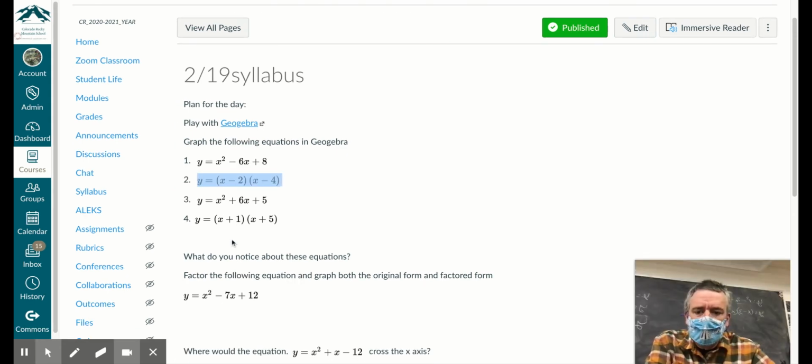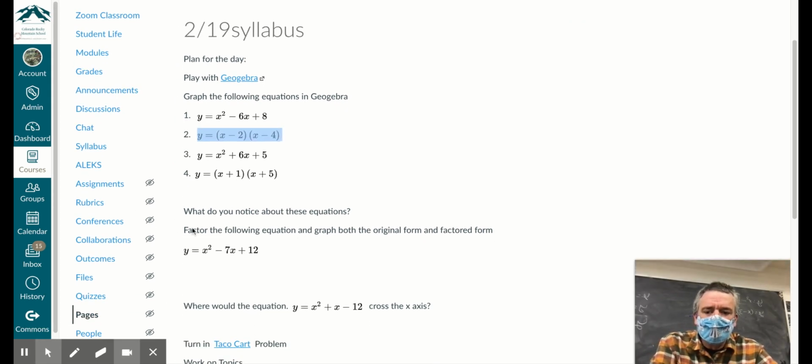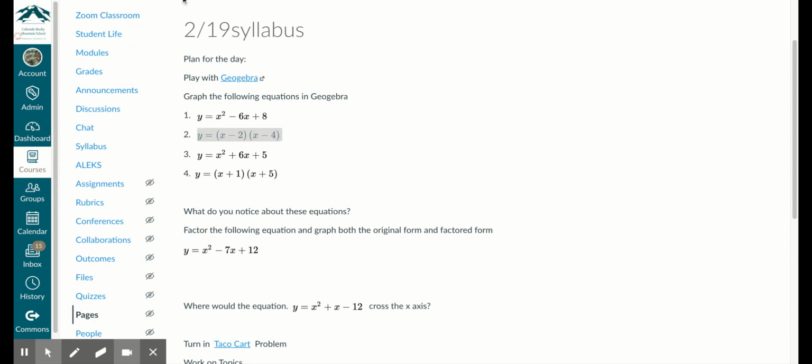So next, let's go back to the syllabus, and we have this equation right here, x squared minus 7x plus 12. And factors of 12 that add to -7 are -3 and -4. So let's go back here. I'm going to say y equals x squared minus 7x plus 12. I'm going to turn off these other graphs for now.